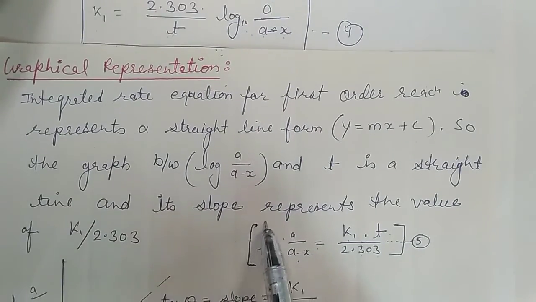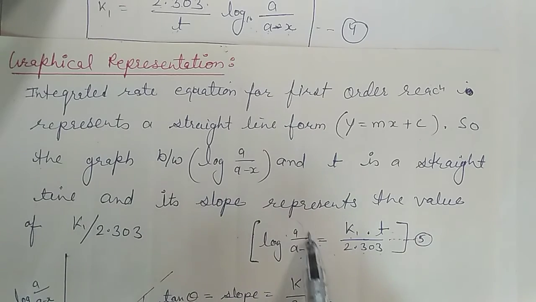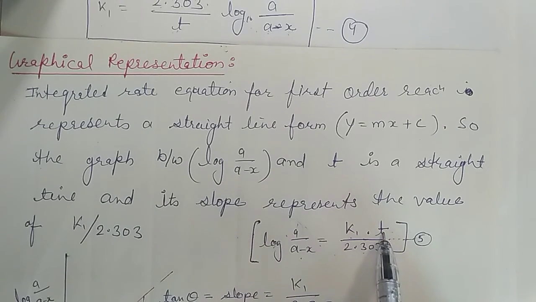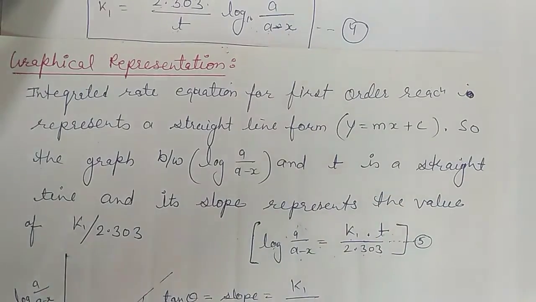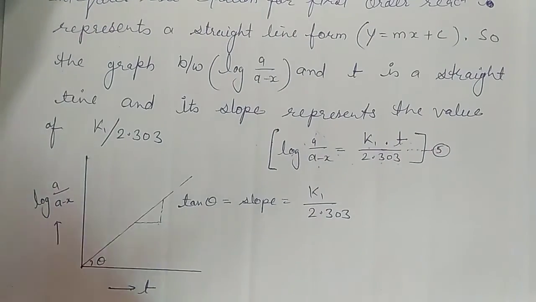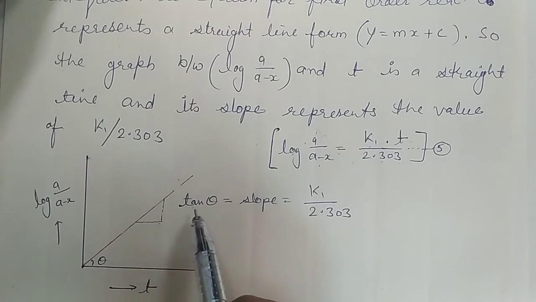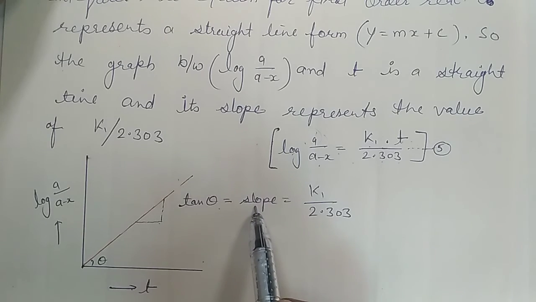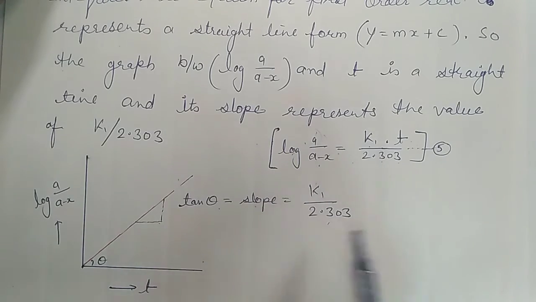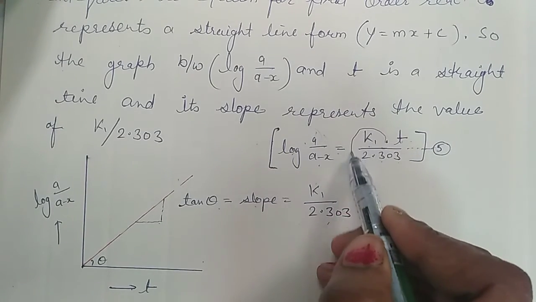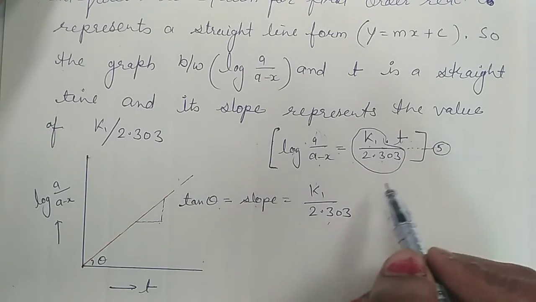Now if we plot the graph between log A upon A minus X and t, then we get a straight line passing through the origin, like this: log A upon A minus X against t. Its slope, tan theta, will be equal to K1 upon 2.303, and this value shows the slope.